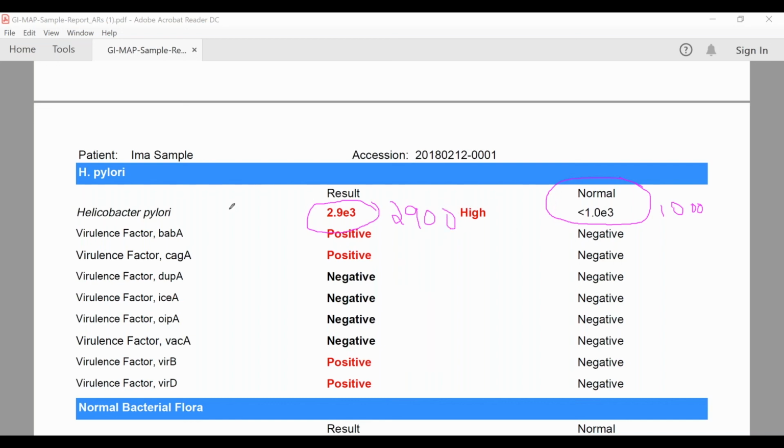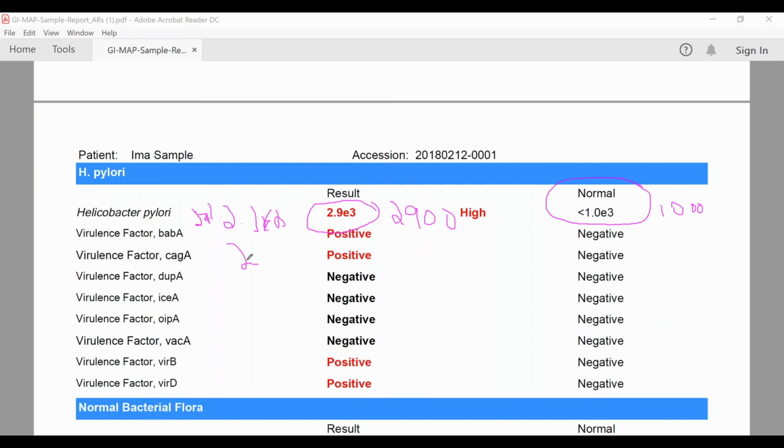But you might have a result which is, let's make it tricky, 2.1 e to the second.